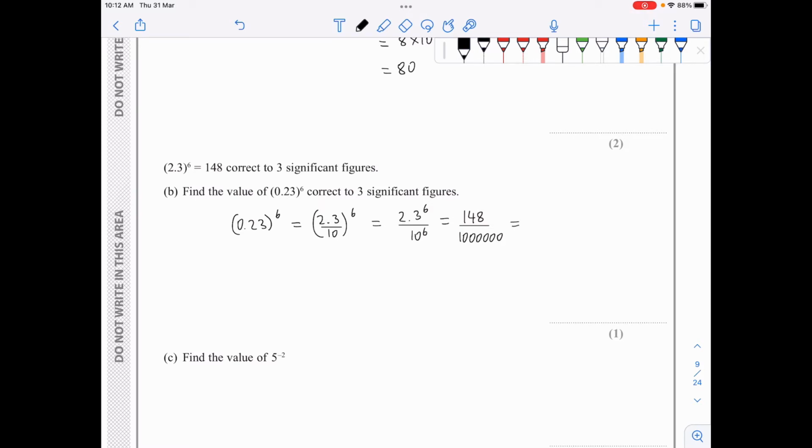So I will be moving the decimal point 6 places to the left. 1, 2, 3, 4, 5, 6. So it's going to be 0.000148.